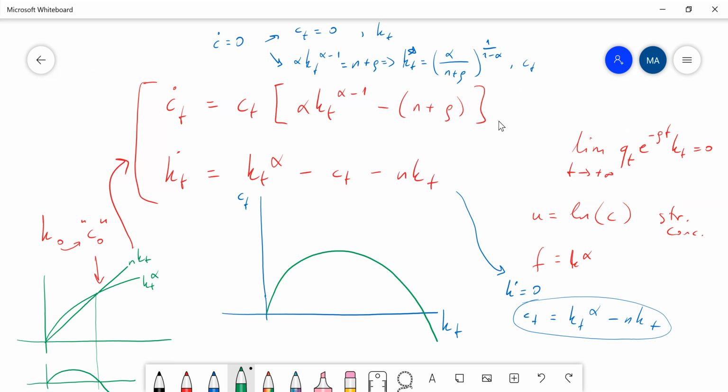And then I have either, again, C equals 0, or K is equal to this particular number. Okay, so if this is K dot equals 0, C dot equals 0 is that.